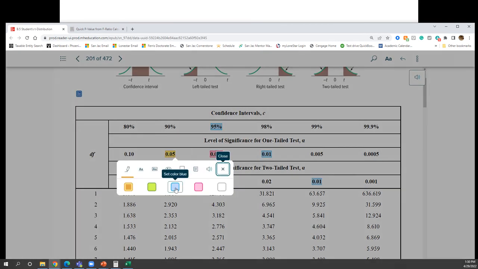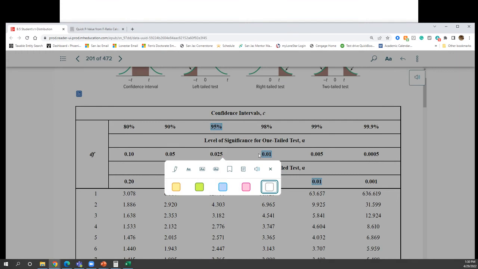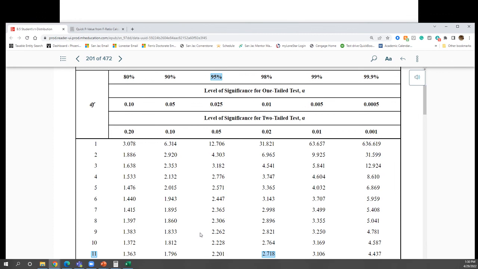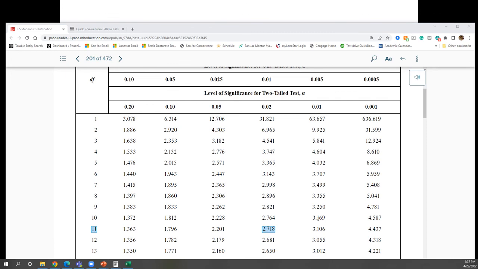Put this on blue. Try and remove these so less confusing. Okay, so we're in column 3. Next, we have to figure out the degrees of freedom, which, so this is a little tricky though.